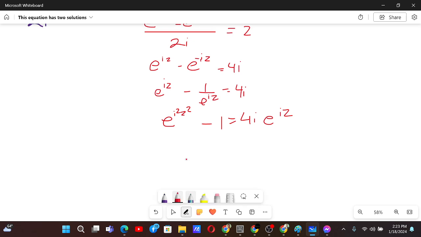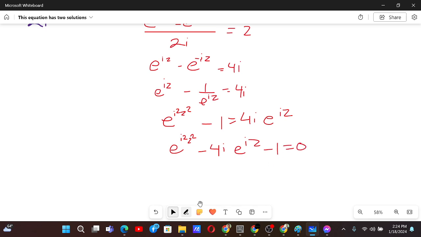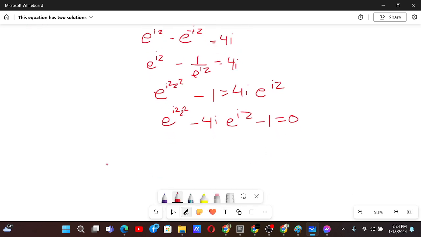After that, we have e to the power 2iz minus 4i e to the power iz minus 1 equals 0. Now if we let y equal e to the power iz, this is just y squared minus 4iy minus 1 equals 0, which is a quadratic equation.